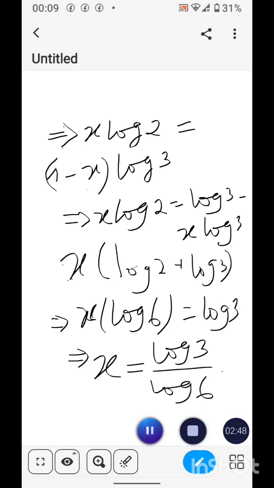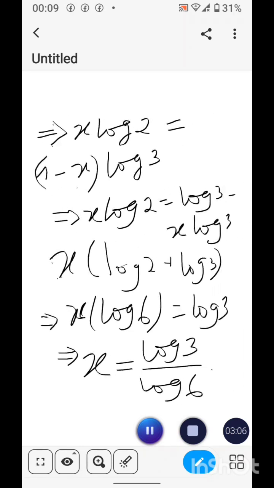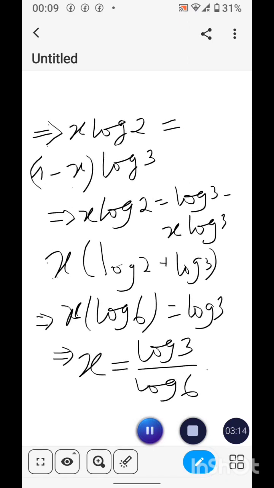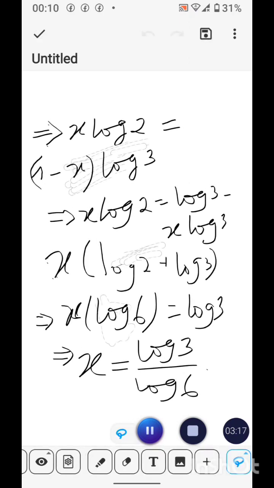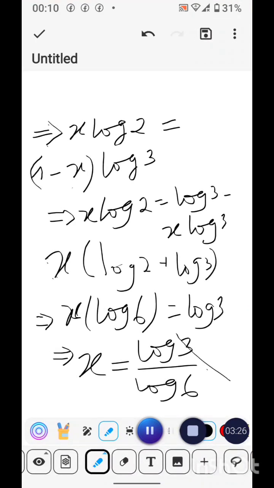If you group like terms now, we have x log 2 plus x log 3, because this is negative, when it crosses it becomes positive. When you factor out x, you have x into log 2 plus log 3.